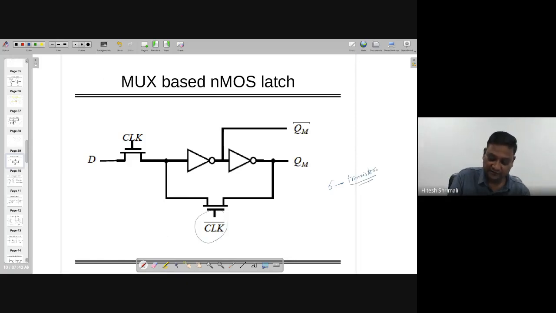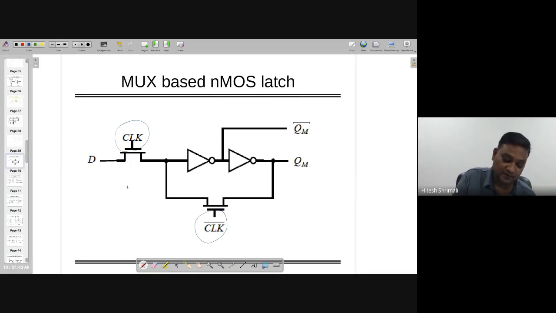The clock is driving the gate capacitance of only 2 transistors. Right? So these are the capacitances they need to drive, and in that case, things are pretty easy. Now, let's understand how this NMOS latch works.